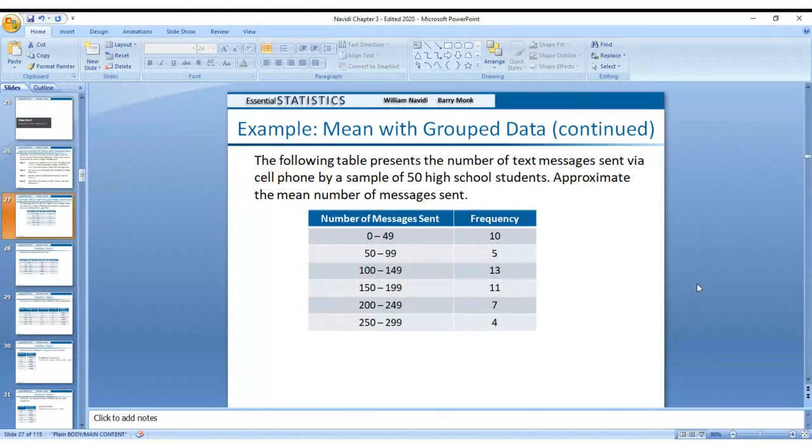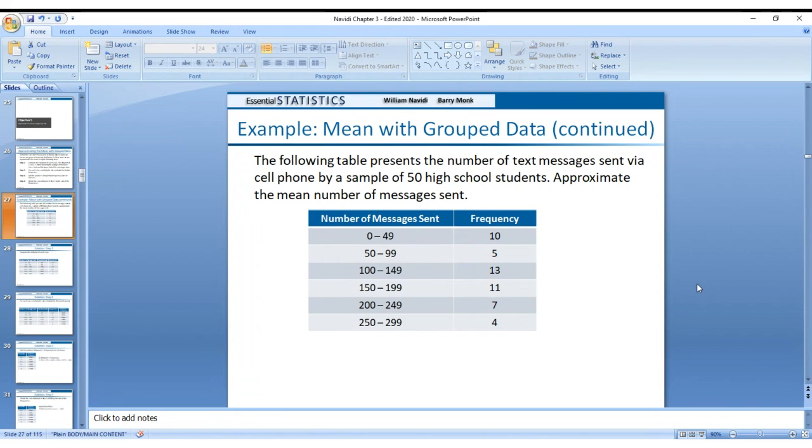The reason why we're doing that is those are the classes in which all the values fall. In other words, there were 10 people that sent between 0 and 49 texts. There were 5 people that sent 50 to 99 texts. Then it looks like we're hitting on the big guys here because there were 13 folks that sent between 100 and 149 texts.